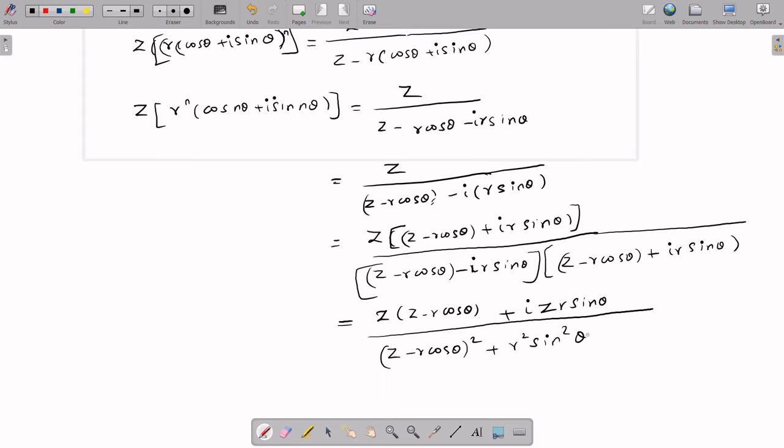Minus i r sin theta plus i r sin theta gives r squared sin squared theta, and the i squared, that is i into i, minus i squared, but i squared is equal to minus 1. So minus of minus 1 becomes plus 1. That's why you have r squared sin squared theta. Okay.